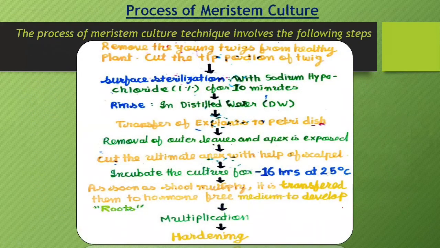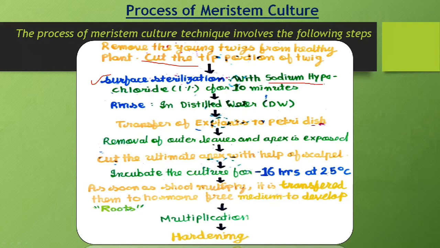Now, the process of meristem culture. The process involves the following steps. First, we select a plant and take a twig of the healthy plant, and then it is surface sterilized.